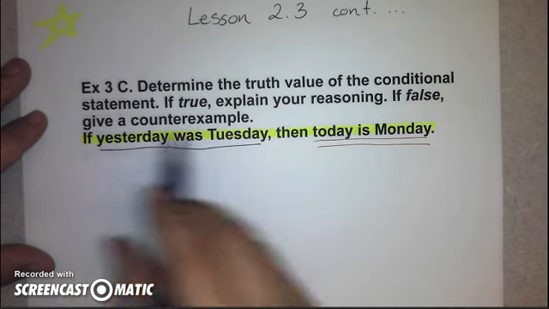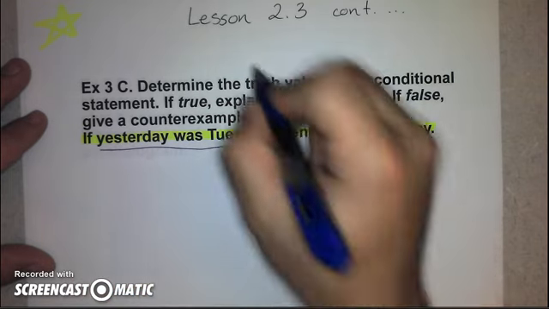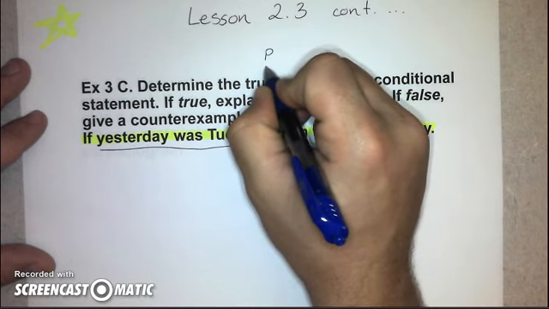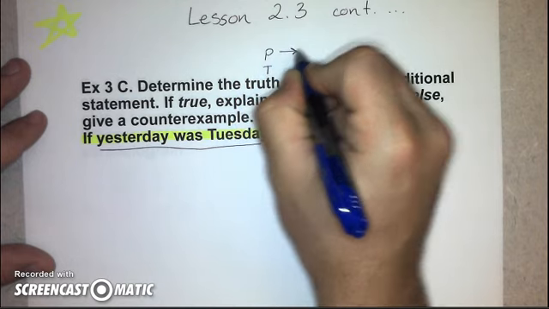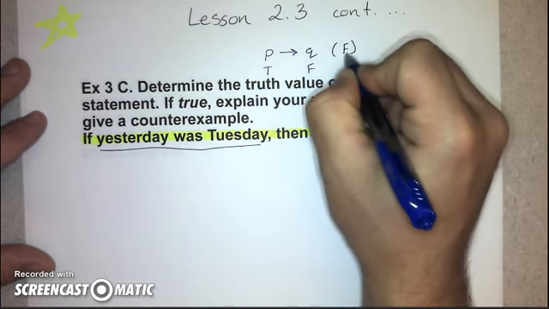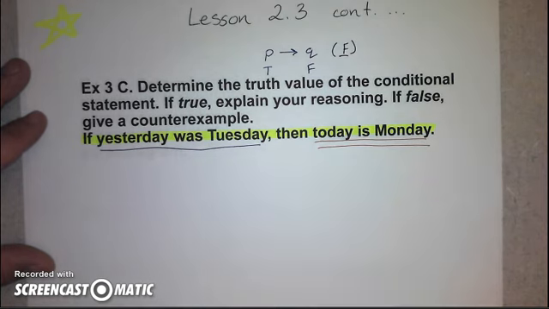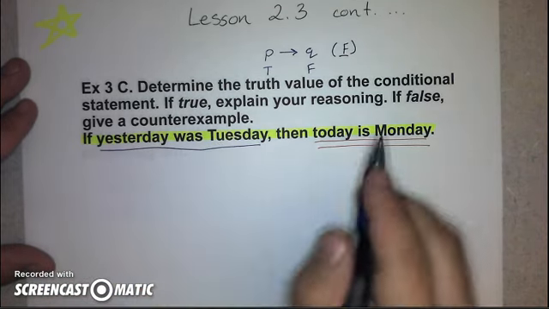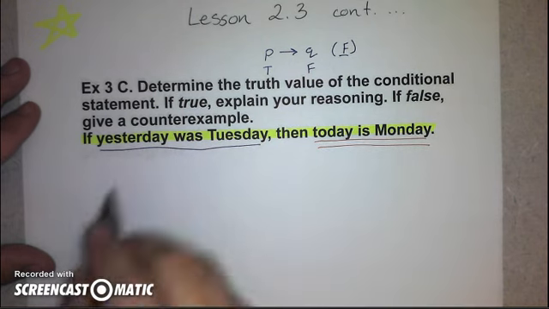So we want to figure out the truth value. And again, in order for a truth value to be false, the hypothesis must be true and the conclusion must be false in order to say that the overall truth value is false. So let's look at this. If yesterday was Tuesday, then today is Monday. So let's think about this.